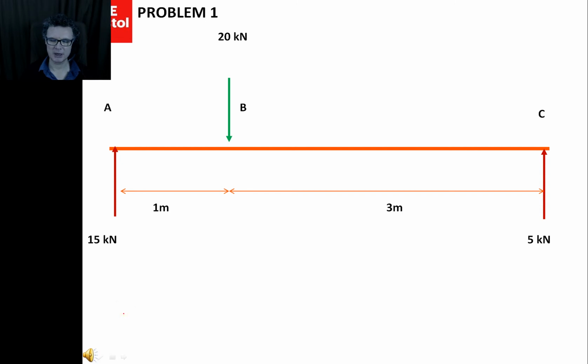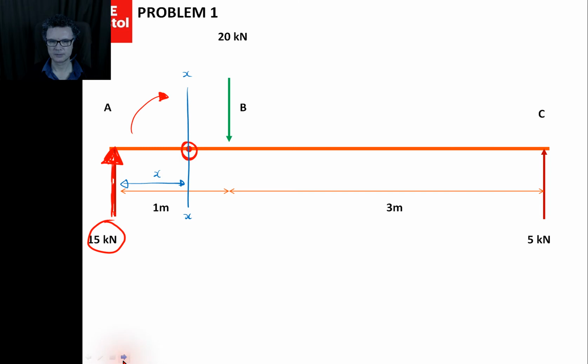Problem one's come back, but this time we are going to be using the bending moment diagram. So we're not doing a shear force diagram. We've got to imagine we're some place along our beam, some x position. I'm going to choose an arbitrary position between A and B here, and this is my pivot that I'm looking at, and I'm going to see what force I can see left of me.